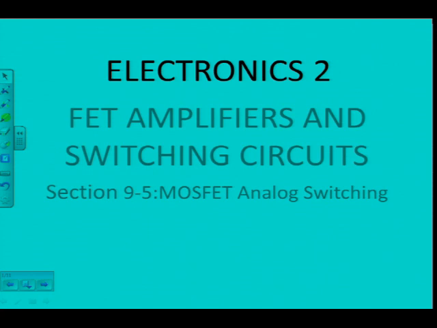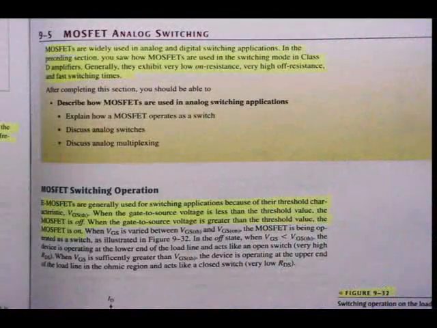Okay, we're going to carry on with Chapter 9, Section 9.5, MOSFET analog switching. If we look in our textbooks on page 459, introductory paragraph, MOSFETs are widely used in analog and digital switching applications.